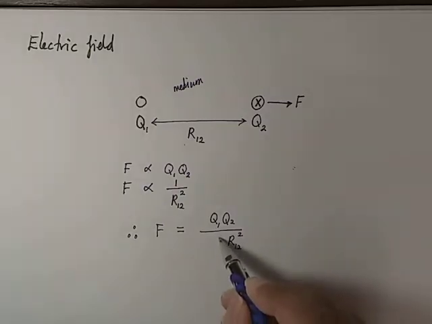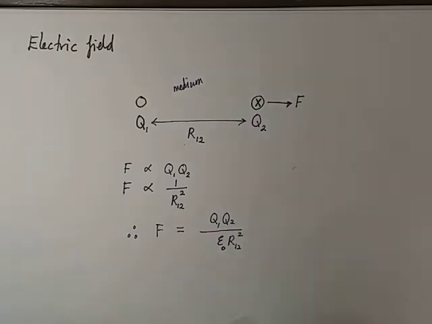So now for the medium, I put epsilon naught. I'm going to explain why, and then the constant 4 pi. So that's what he concluded: F equals Q1 Q2 over 4 pi epsilon naught r squared.